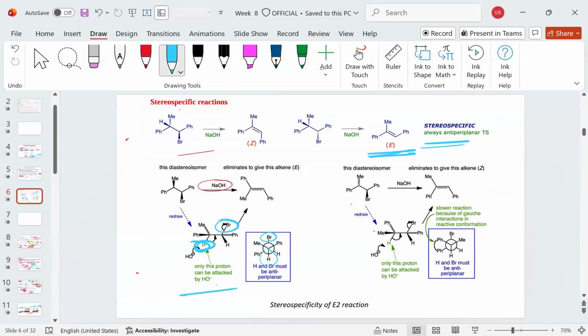This is the main condition for E2 elimination. This is just a redraw for understanding. Since the abstraction of the proton and the elimination of the leaving group take place in a concerted manner, we get the product in which you can see the phenyl group directed opposite. So this is also an example of a stereospecific reaction.